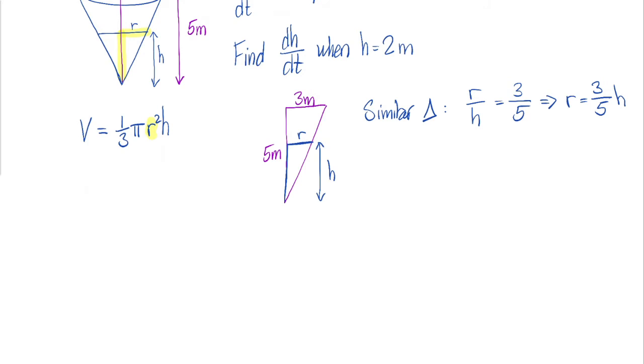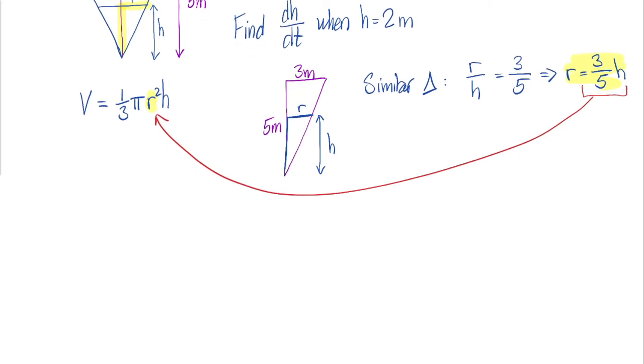So now we have an expression for the relation between the radius and the height, and we can use this expression here and substitute it in. So this can be substituted in for the r right there, hence eliminating r. So let's do that. So we're going to get volume equals 1 over 3 times pi. We substitute in our expression for the radius, which is 3 over 5 times height, squared, times height.